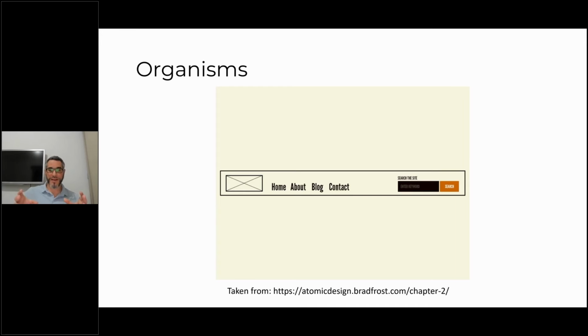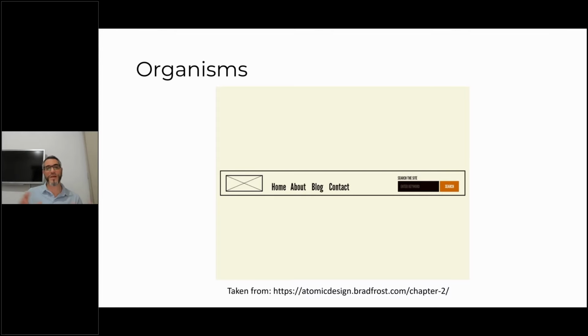Organisms can be a header, footer, the main content of the web page, a menu in the web page, either on the left or the right or whatever. So if a designer says that they created an organism, this is a couple of atoms and molecules combined together to create a behavior.